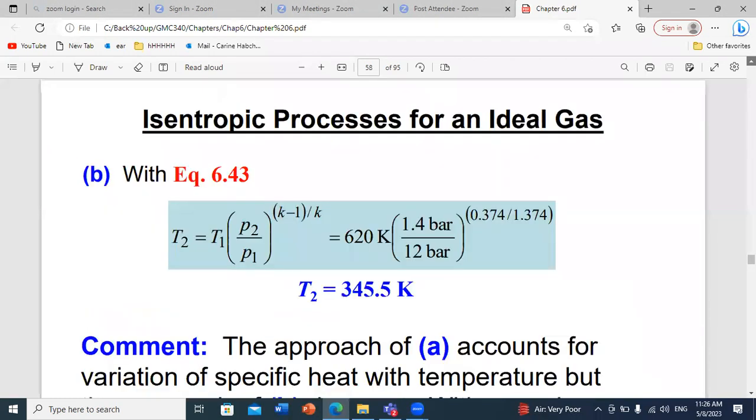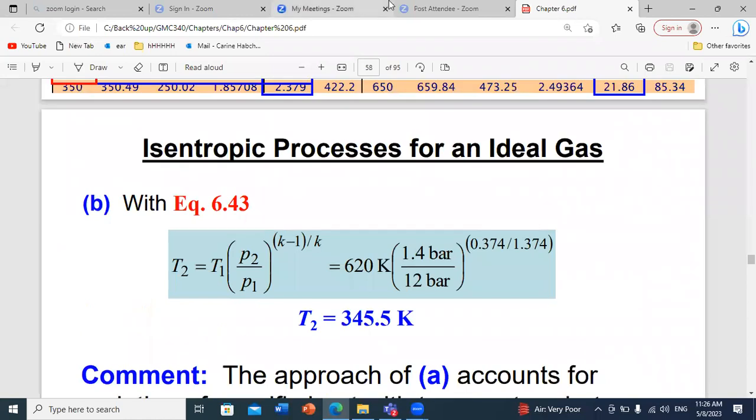I will repeat. When we used this method we assumed K constant, okay? But actually K varies with temperature. For T1 you have a certain value of K, K1, okay? For T2 you have another value of K. And since K is varying from 1 to 2, a good strategy is to take K at an average temperature.